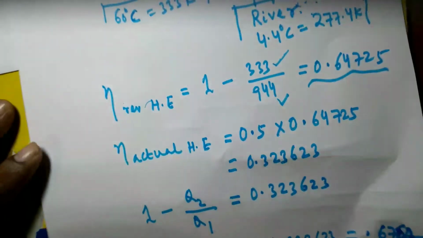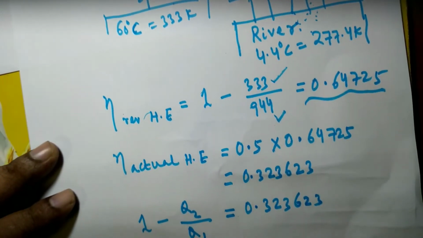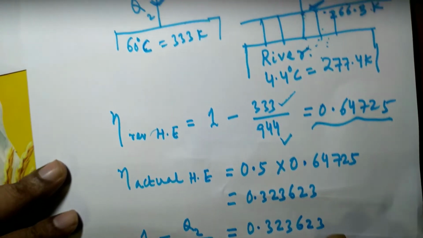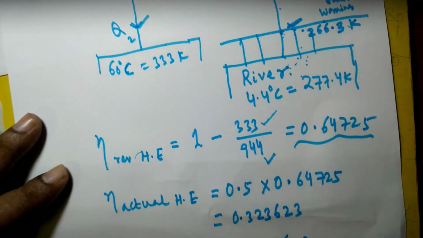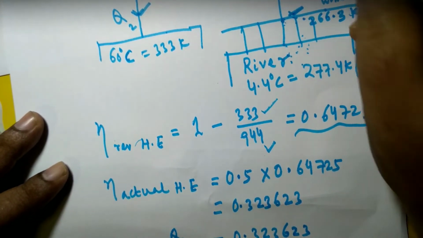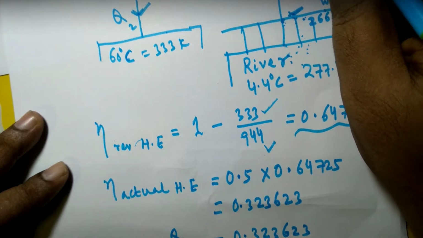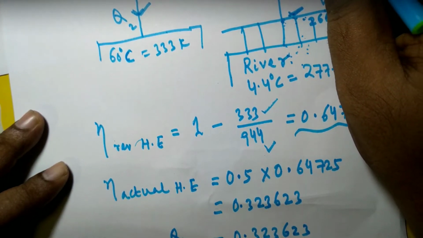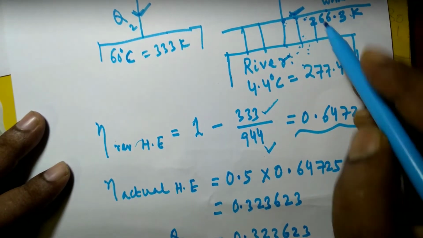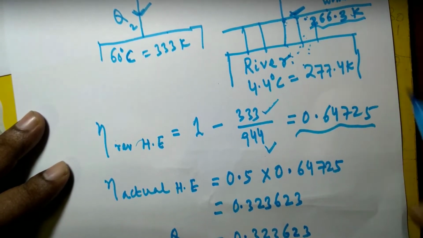So that will be 305.2, the temperature to which heat is supplied by the heat pump, divided by the temperature difference between these two points. At this point the temperature of the working fluid is 305.2 and here the temperature is 266.3.